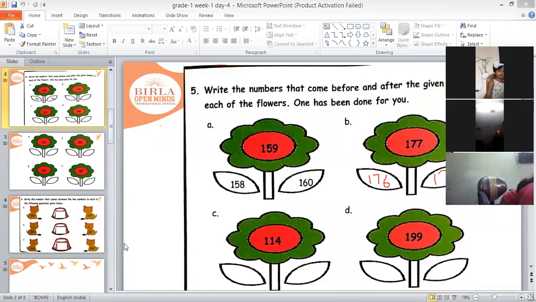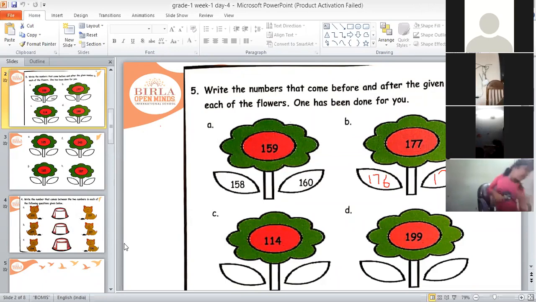But first, tell me what is the number inside that red color in bit C. What is the number inside that flower? Bit C. Third flower, Swarnika. Tell me quickly.